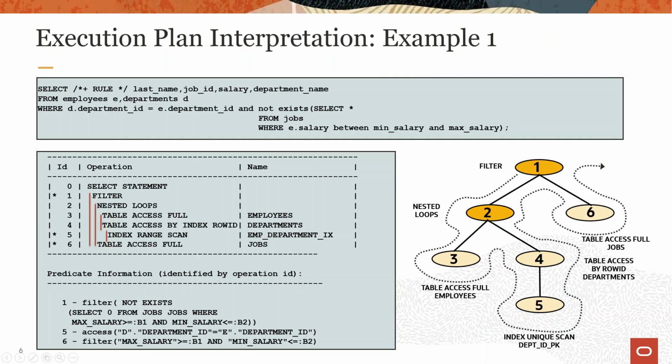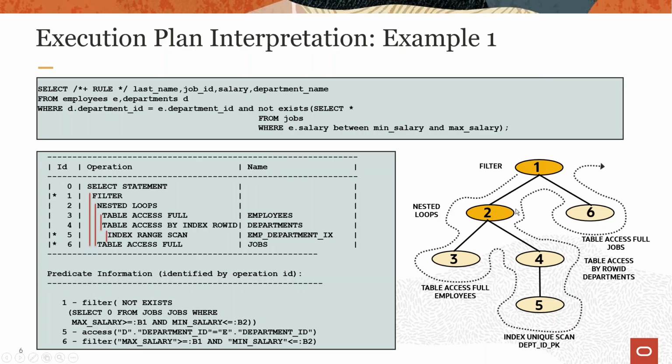Then you have a look which row source steps are indented directly underneath this step number 1, and in this case it's step number 2 and step number 6. So this is at level number 2, you have your step number 2 and you have your step number 6.